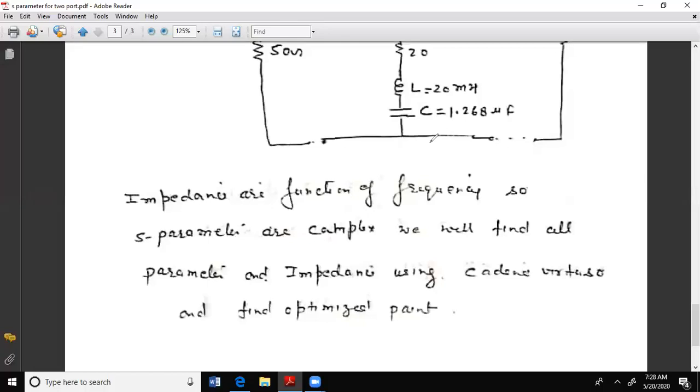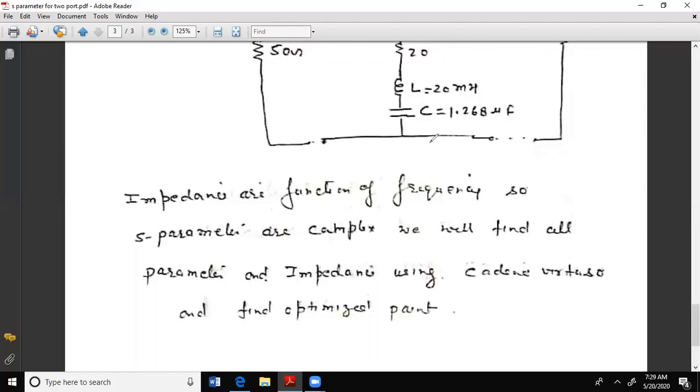The S11 coefficient should be as minimum as possible, because that represents the reflection. The input is considered as the source terminal, and the output port is considered as the load. So S11 should be minimum and S21 should be as high as possible, because S21 represents the forward transmission gain, the output power to input power.